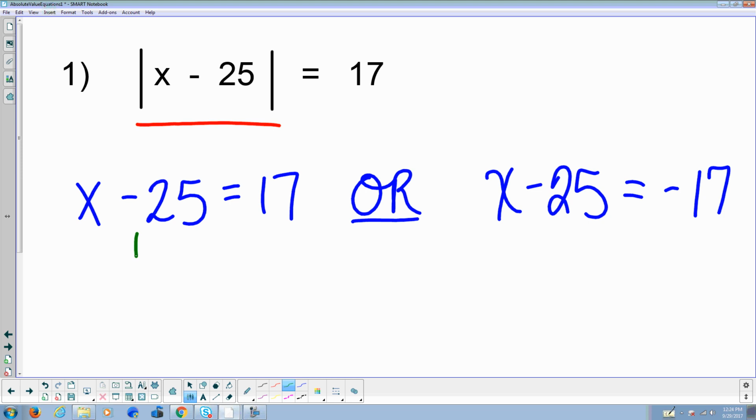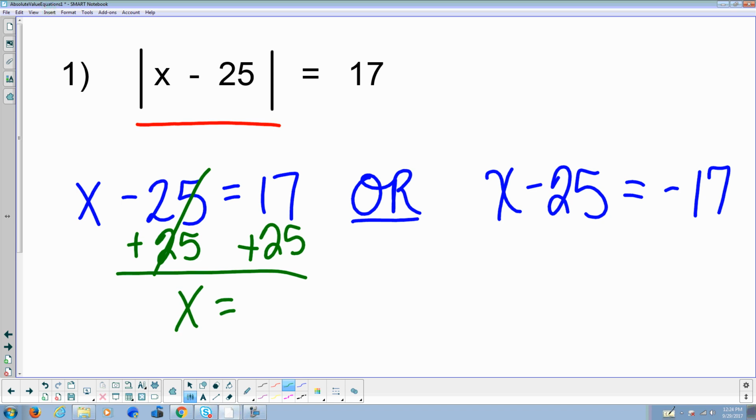So next I'm going to add 25 to both sides here to get the x alone. So plus 25. And so I'm going to get x equals, let's see, 17 plus 25, 42. So x is equal to 42. And then we're going to solve the other one.